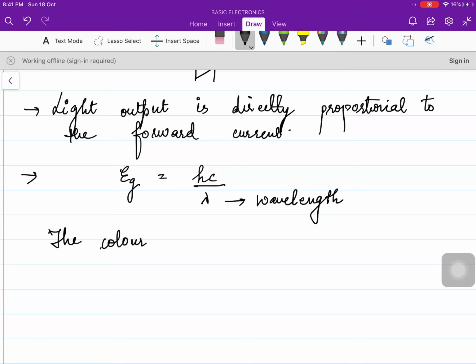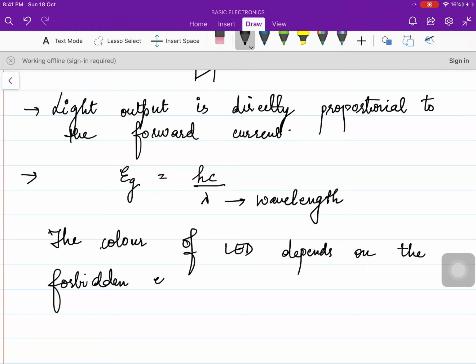So the color of the LED depends upon the forbidden energy gap. Do you remember what the forbidden energy gap was? The difference or the distance between the valence band and the conduction band.